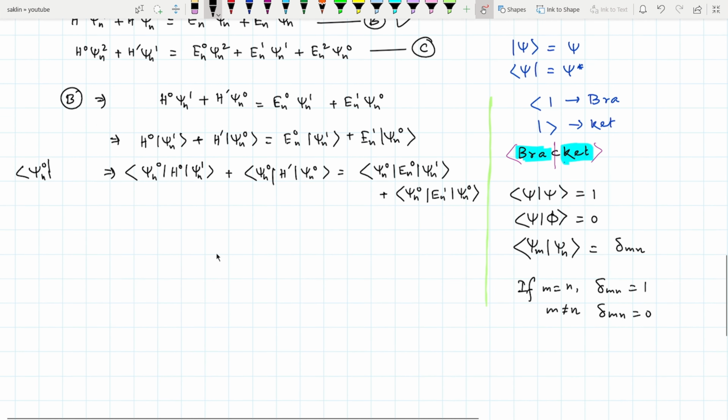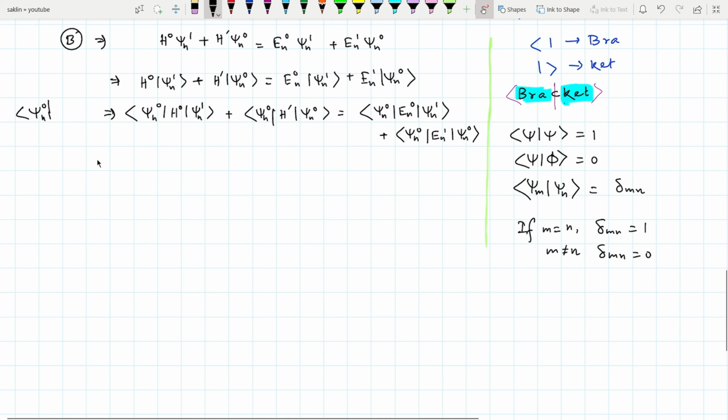Now look at this. Here, if H0 operates with this, then we will get this.